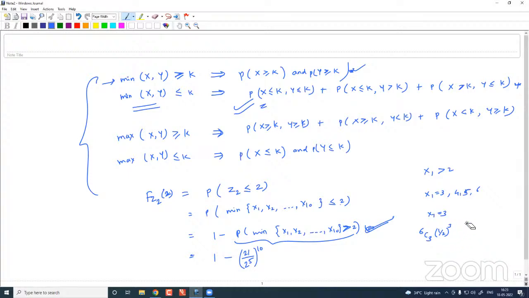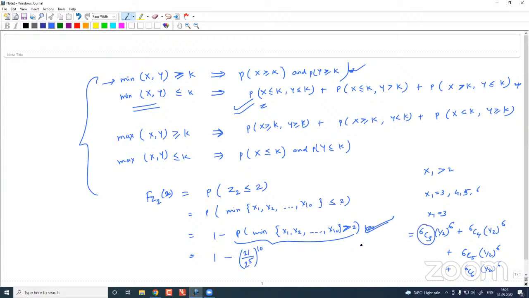For 4, it should be 6c4, 1 by 2 to the power 6, plus 6c5, 1 by 2 to the power 6, plus 6c6, 1 by 2 to the power 6.